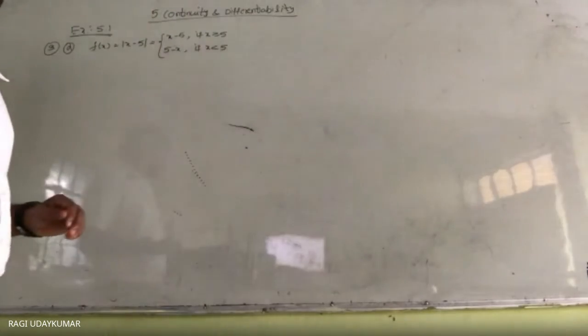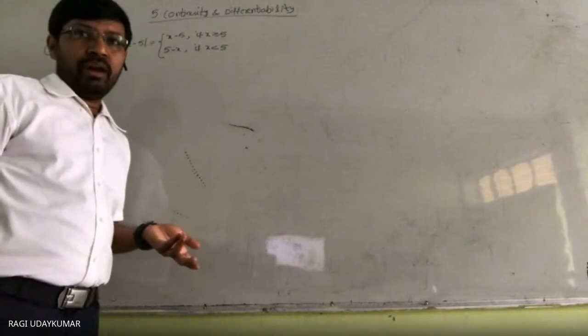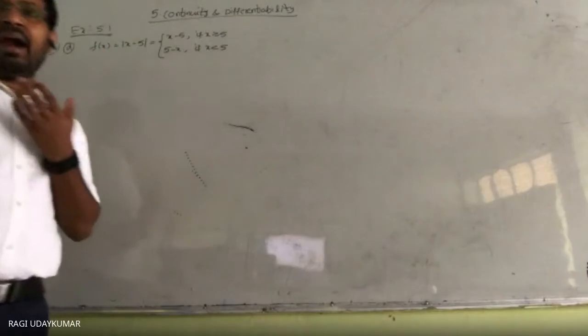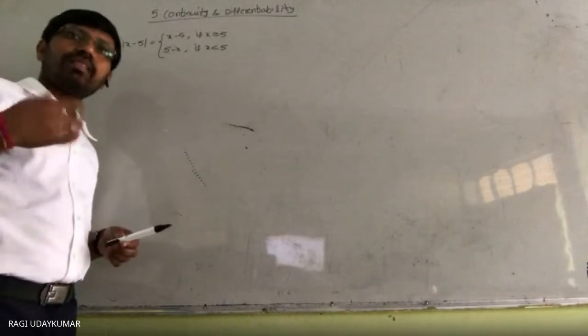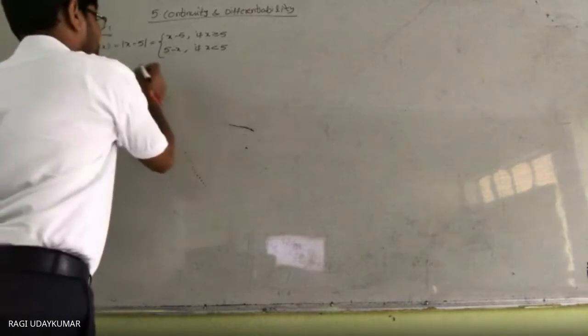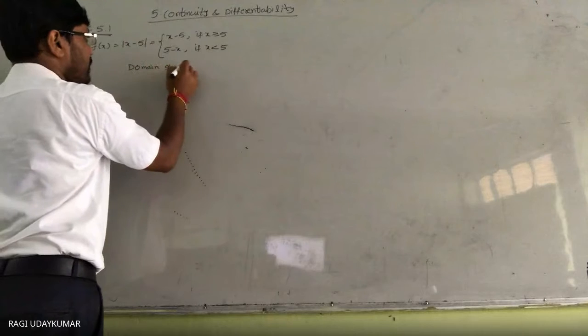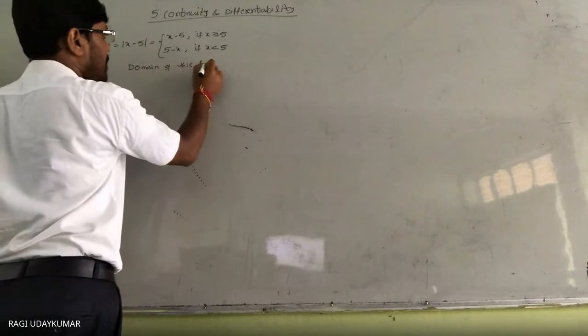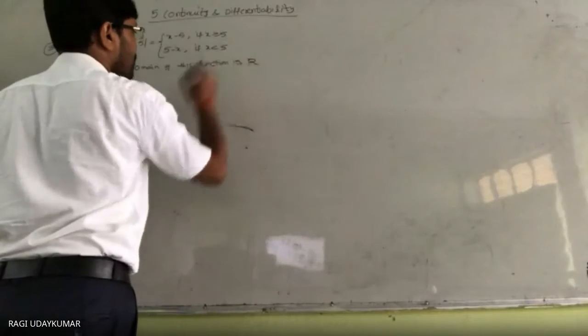Minus should be multiplied if the value is negative. Okay, so this function is defined on all the points of real numbers. So the domain of this function is the set of real numbers.